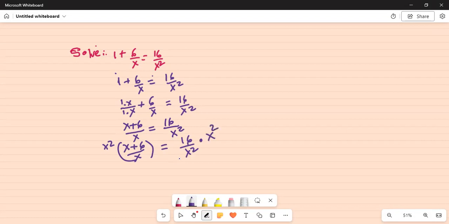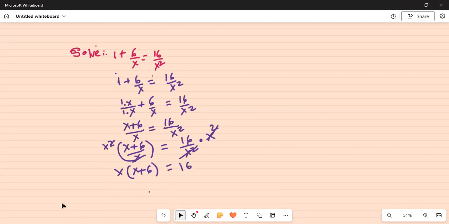When I do that, the x squared in the denominator and x squared in the numerator on the right-hand side cancel out. And on the left side, this x is going to cancel with one of the x's in the numerator. So the left-hand side becomes x multiplied by x plus 6 is equal to 16.